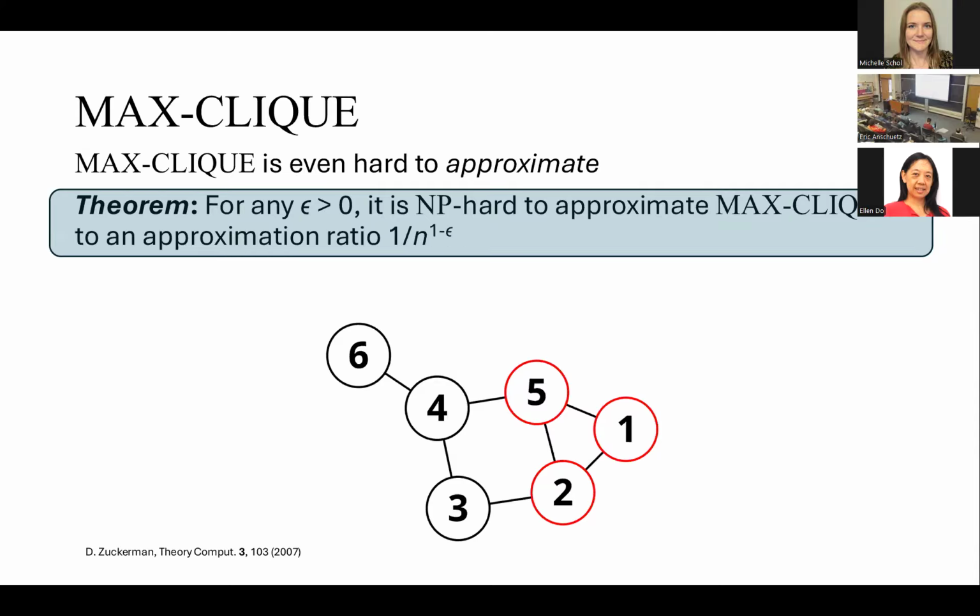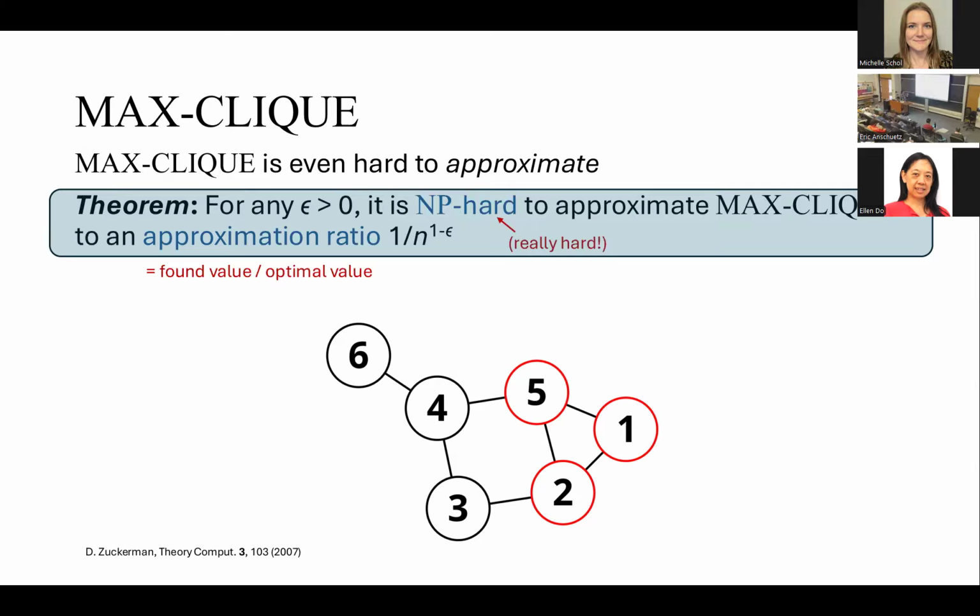Just to dissect this a bit more: if you don't know complexity theory, all I mean by NP-hard is really hard. And by approximation ratio, I mean the ratio of the size of the clique that your algorithm outputs to the actual max clique value.